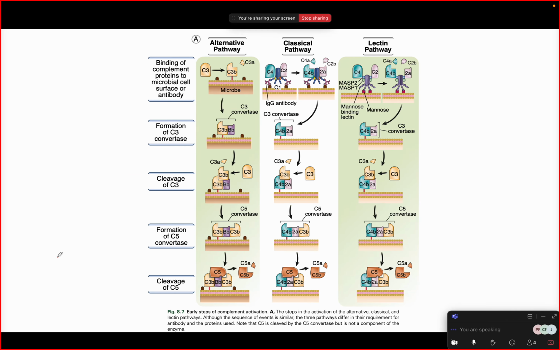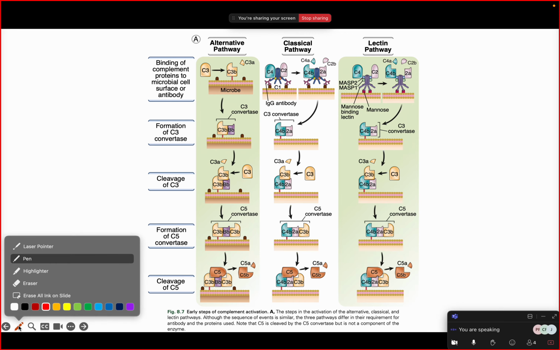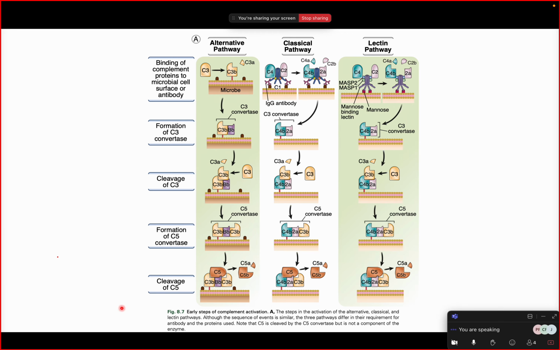So for now, as you can see, you might feel very overwhelmed with the complement system. It might seem very complex and all, but trust me, it's not. Once you can take the common points from all these three pathways, then it becomes easy. Because at the end of the day, there is formation of C3 convertase. That is a major event.